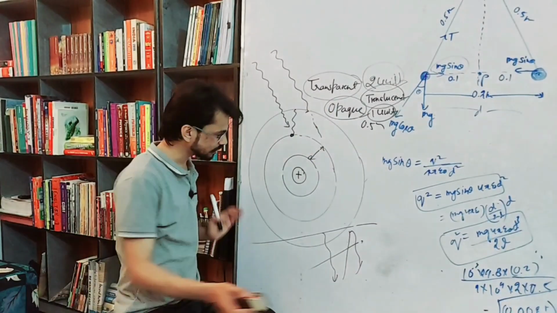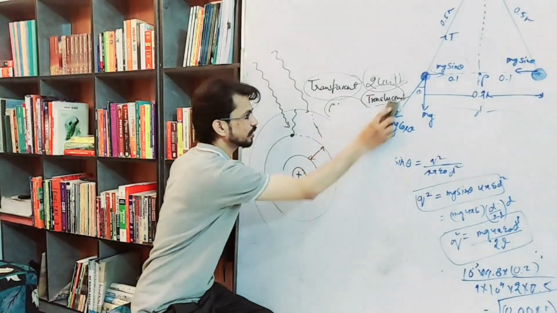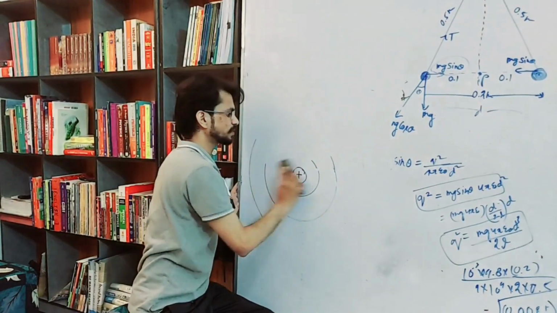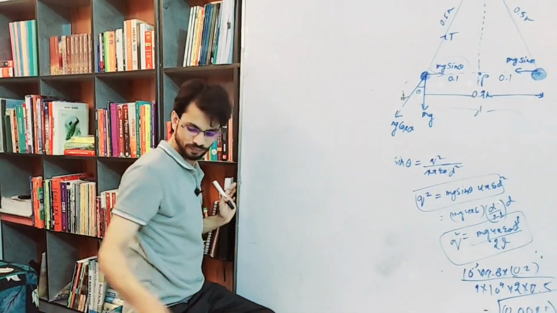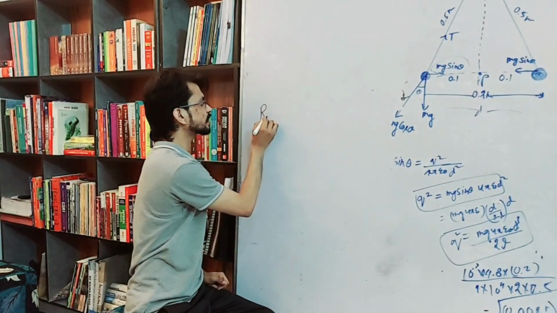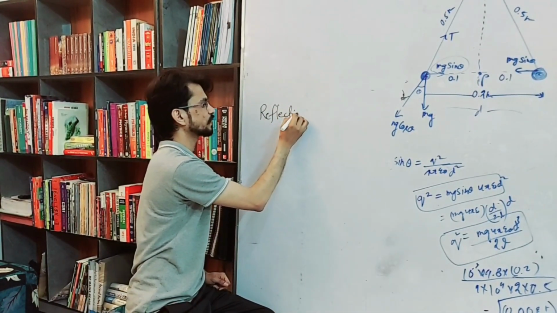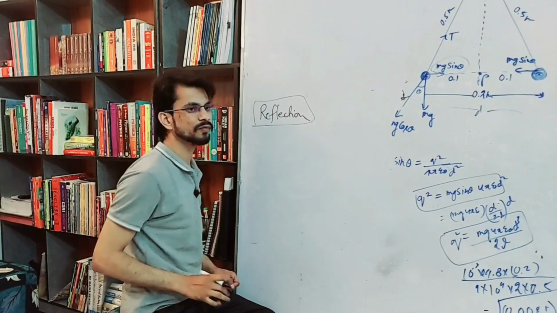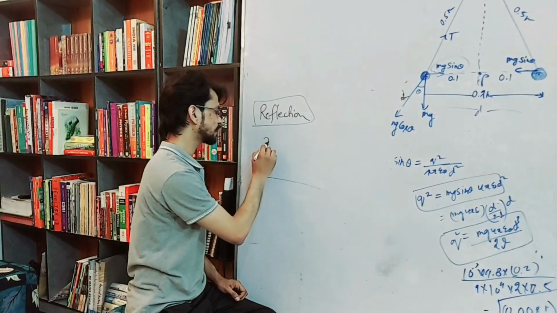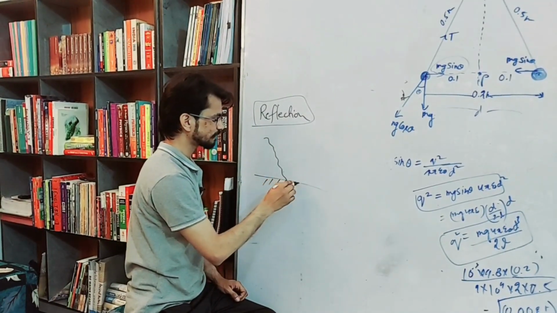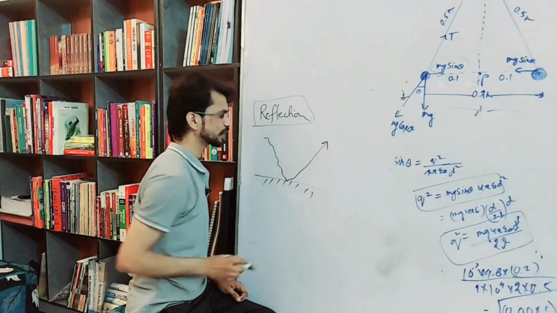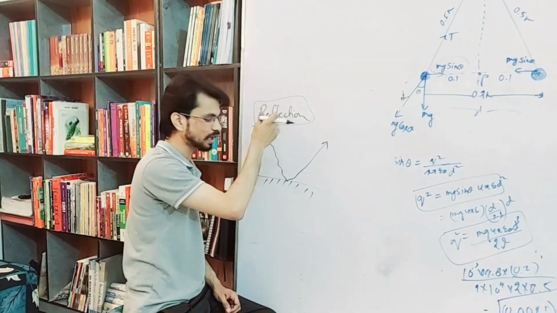Now let's take another phenomenon over here, which happens with the transparent and opaque medium. So what exactly is reflection? As we know, reflection is nothing but the phenomenon of coming back of anything. So whenever light falls over a reflecting surface, it turns back in the same medium, coming from one medium and again going into the same medium.